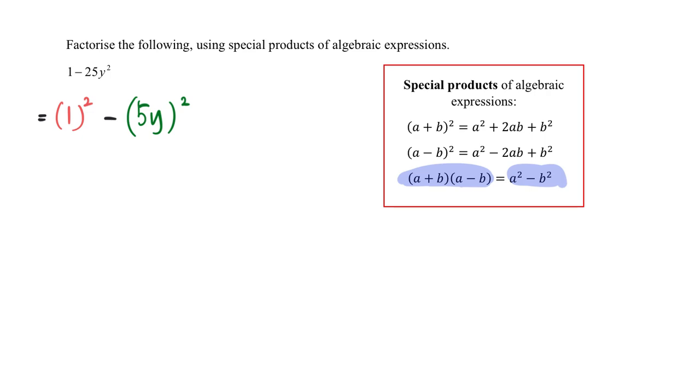And therefore, I have successfully gotten my A and my B. So the final answer would be (1 plus 5y)(1 minus 5y).